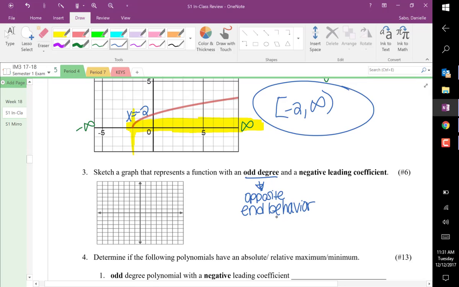But if you forget what end behavior is, you can put it in parentheses. It just means arrows. So it has opposite arrows, or end behaviors. I just don't want you getting used to saying arrows, because that's not technically the term. And then a negative leading coefficient. Okay, that one's a little bit tougher when it comes to odd degrees. Does that mean I'm going to be trending up, or does that mean I'm going to be trending down?